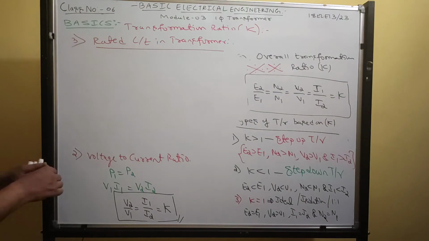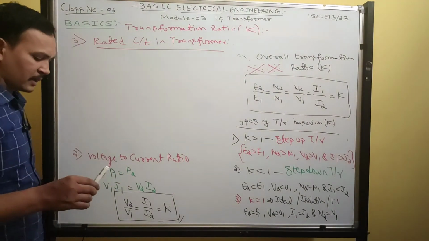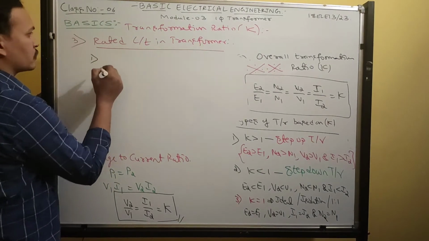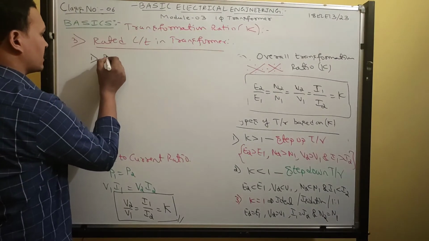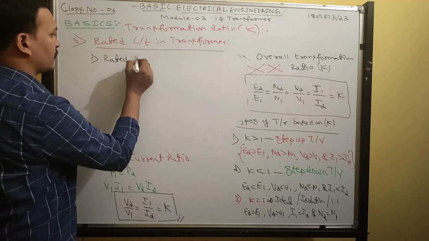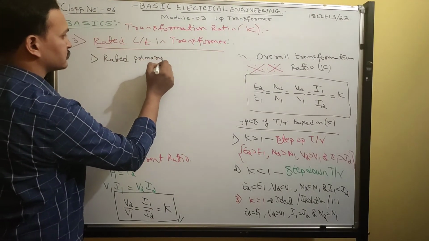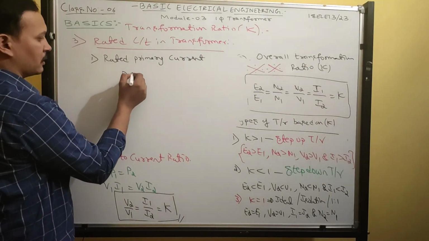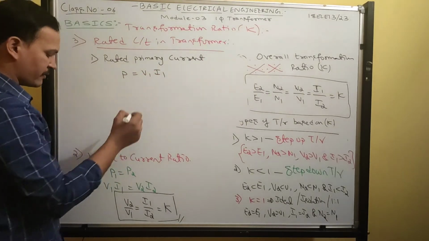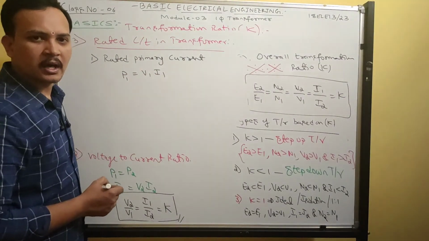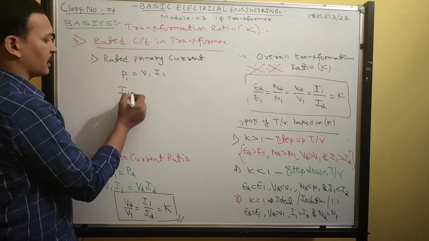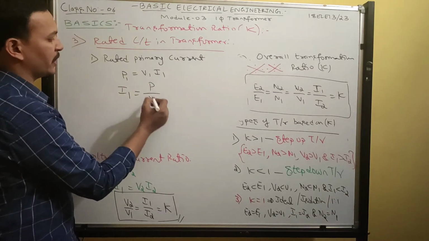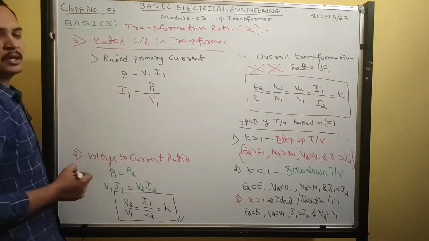In a transformer, we have two windings, primary winding and secondary winding, so we have two types of rated currents. Rated primary current: we know that primary power is V1 I1. From this we can write rated primary current I1 equals P divided by V1, or P1 by V1.